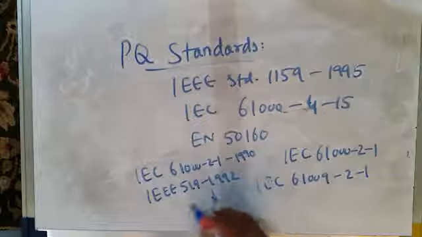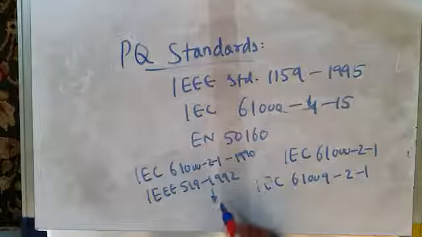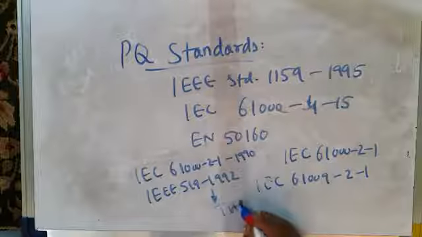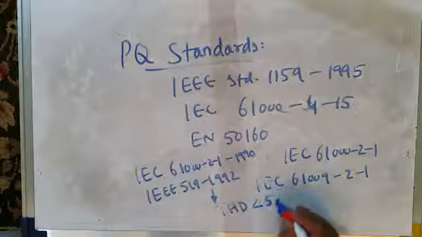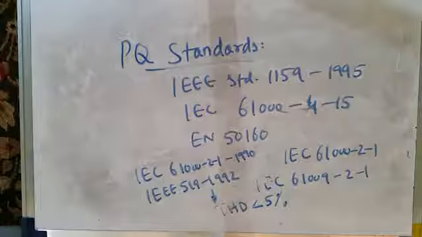According to IEEE standard 519 1992, the harmonic content or the total harmonic distortion in voltages and currents should be less than 5%. If it is greater than 5%, then the quality of waveform is considered a bad quality, and then you have to take the mitigation steps.